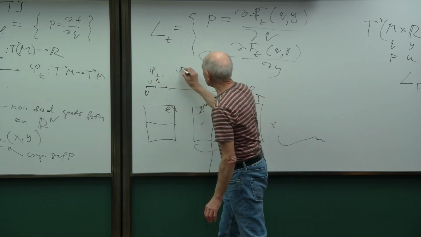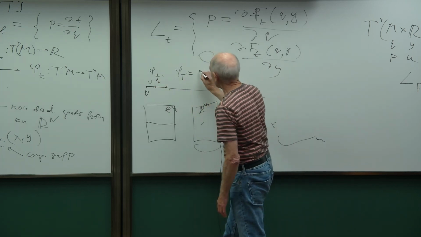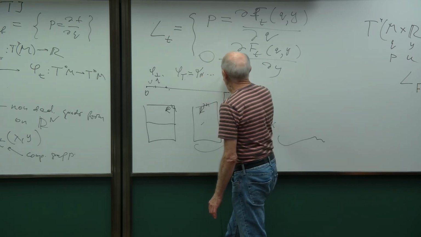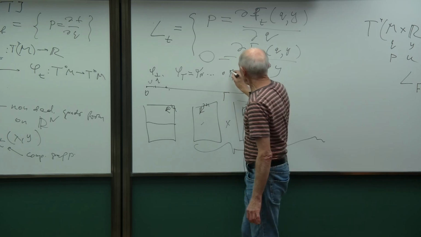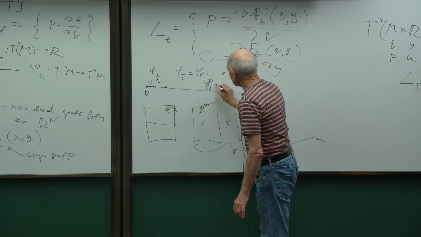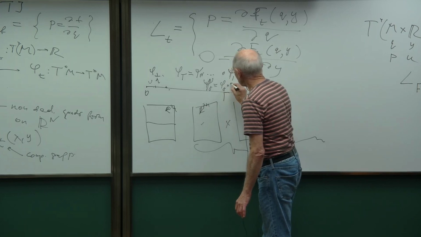So we presented that phi t as this composition, as a product of psi n, say psi 0, where psi j is phi j minus 1.